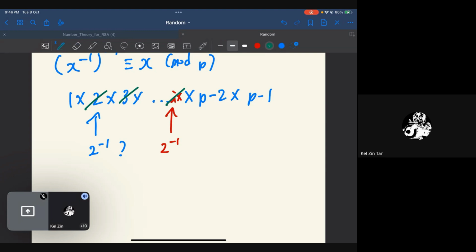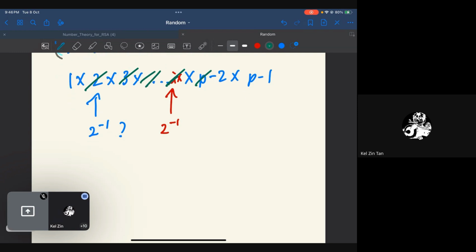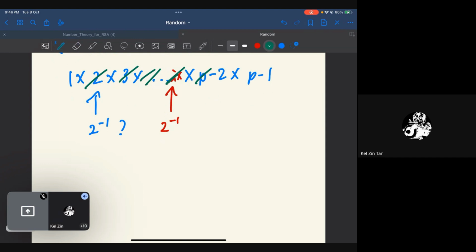I don't know what, but it will cancel out with something. So everything will cancel out with something. But there's a catch. Here we need to assume that x inverse is not equal to x.